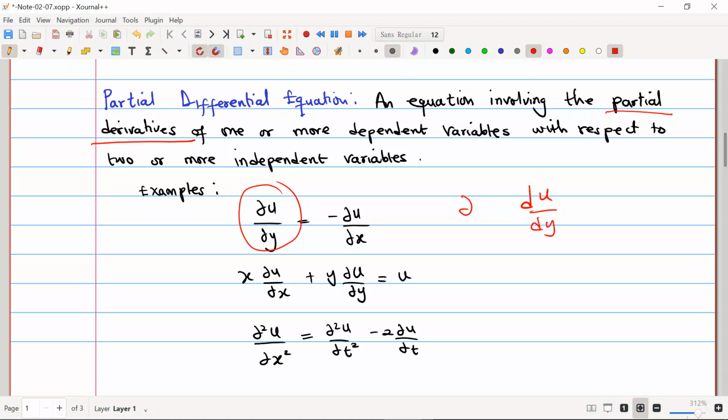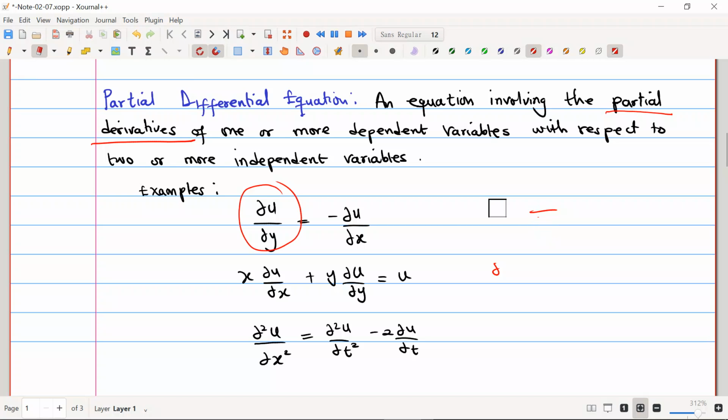This is different. One of the ways you can tell whether it is a partial differential equation or an ordinary differential equation is the symbol. In a partial differential equation, we have the symbol del u, del y, or as people call it, partial u, partial y. In an ordinary differential equation, you have du, that is the total derivative, du dy, okay?